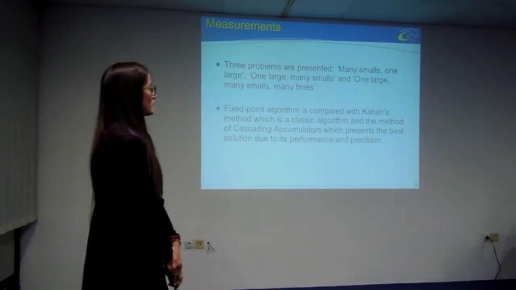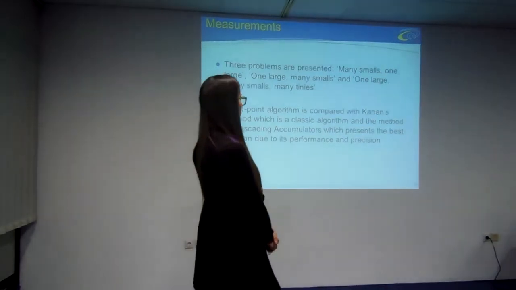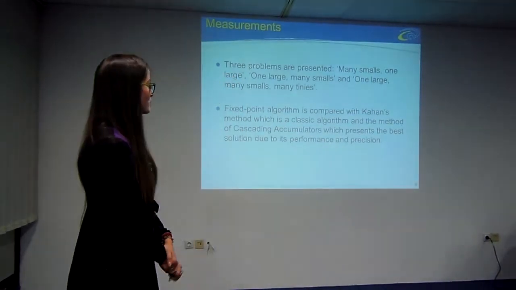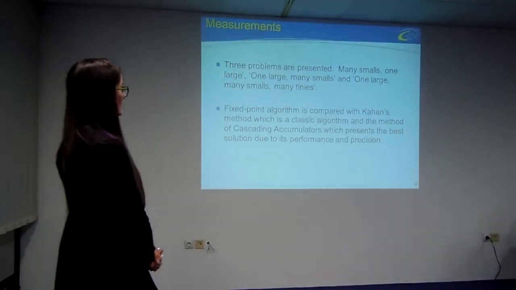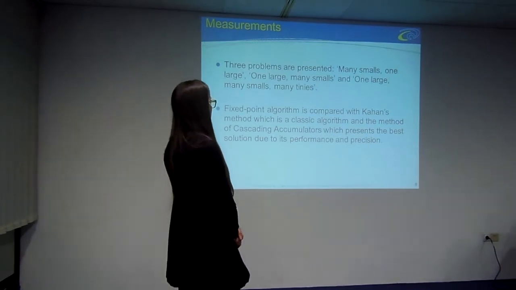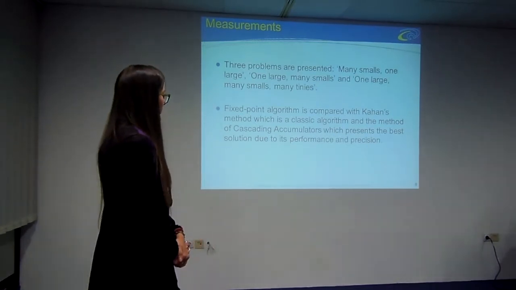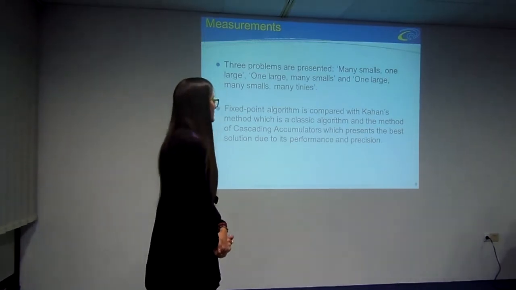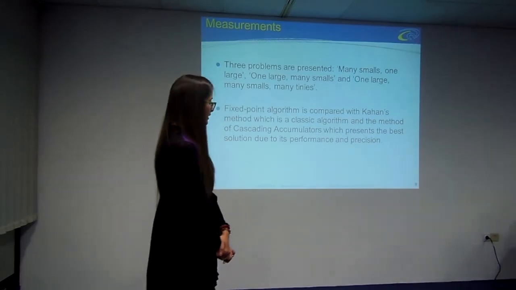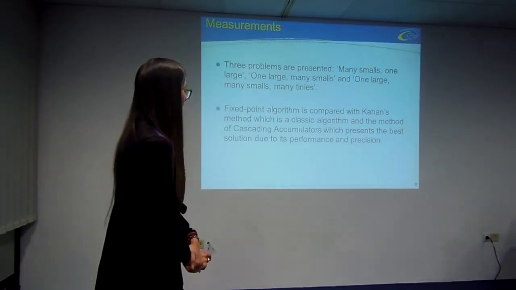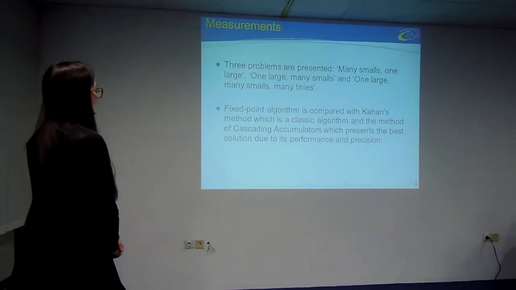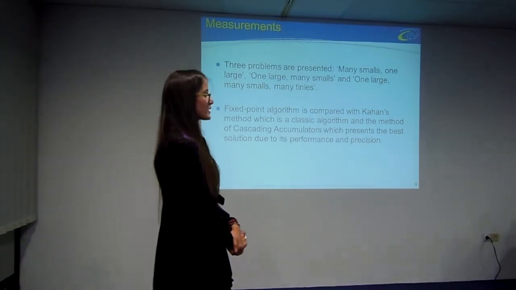There are three problems: many smalls, one large; one large, many smalls; and one large, many smalls, many tinies. The fixed point algorithm is compared with Kahan's method, which is a classic algorithm, and the method of cascading accumulators, which presents the best solution due to its performance and precision.